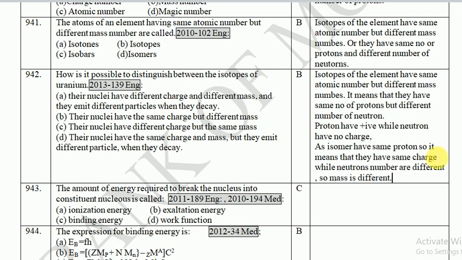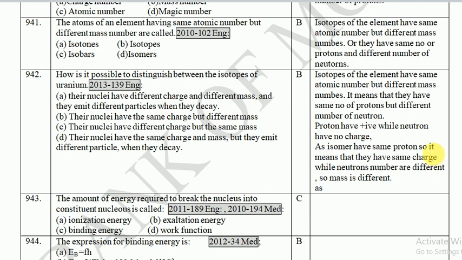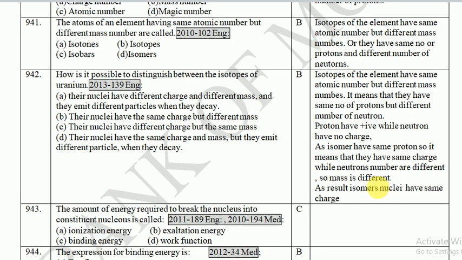So we can say the result: isotope nuclei have the same charge but different masses. Same charge is due to the same number of protons and different masses is due to different numbers of neutrons. So option B is correct.